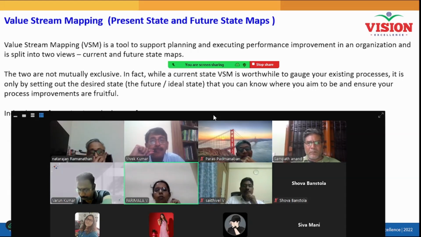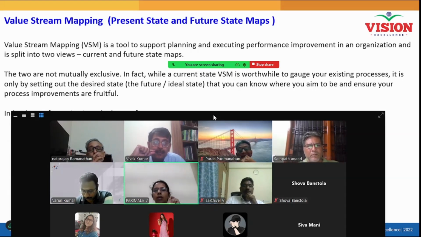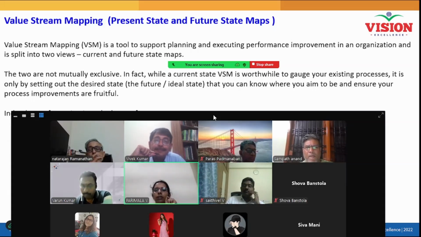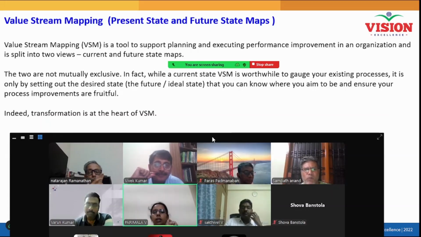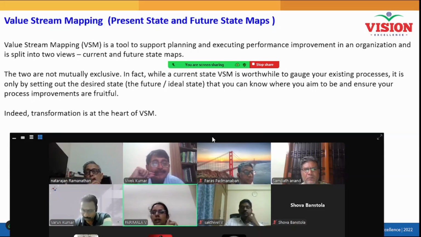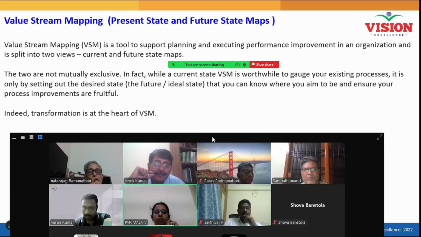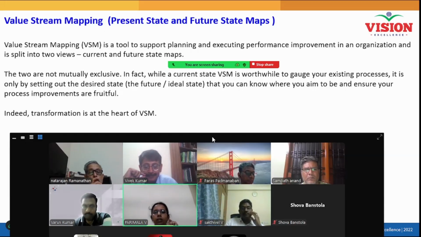In fact, while a current state VSM is worthwhile to gauge your existing process, it is only by setting out the desired state, the future or ideal state, that you can know where you aim to be and ensure your process improvements are fruitful. Indeed, transformation is at the heart of the VSM.